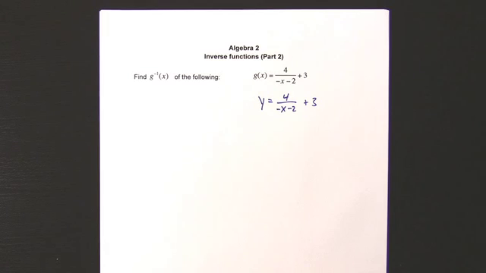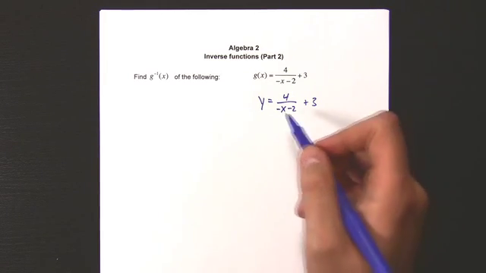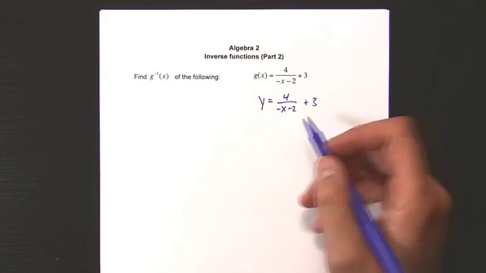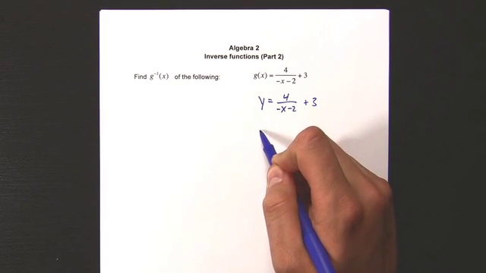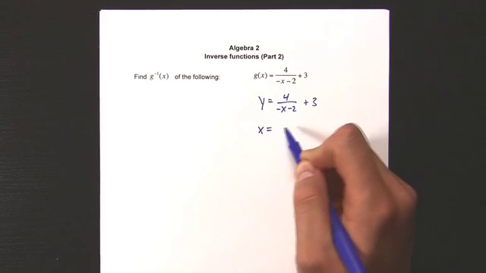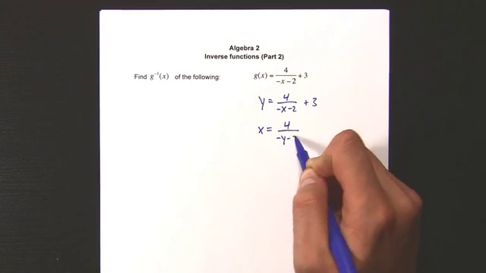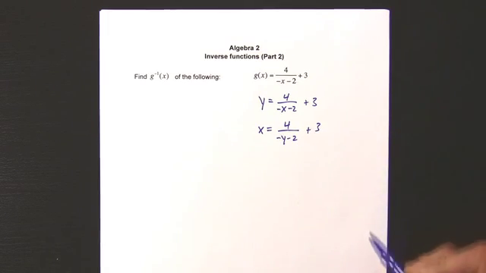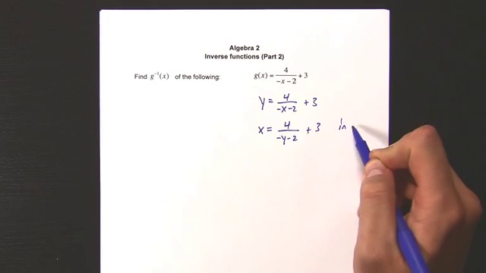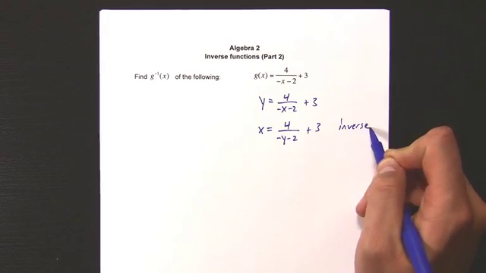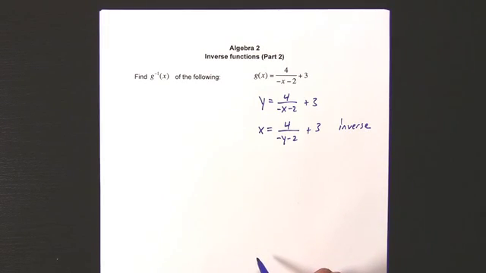All right, so that's how I'm going to start this. So that's the normal function. If I were going to write the inverse, what I do as my first step is I switch the x and the y like this. Okay, so this is the inverse that I'm about to work with.